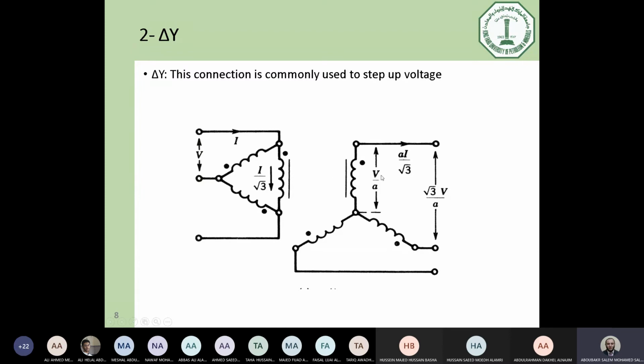However, this is not the line voltage. The line voltage here is the line-to-line of the star. So the resultant voltage here will be square root of 3 multiplied by the phase volt.